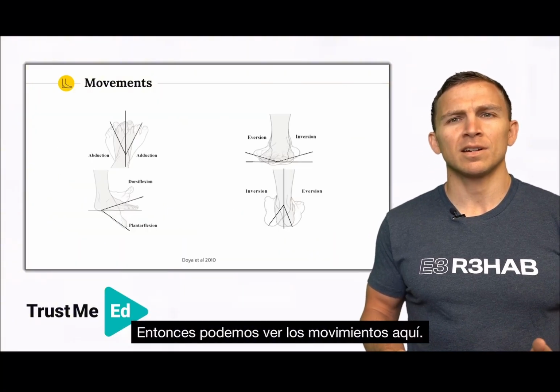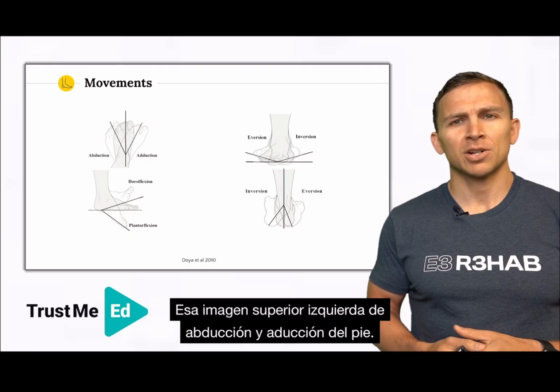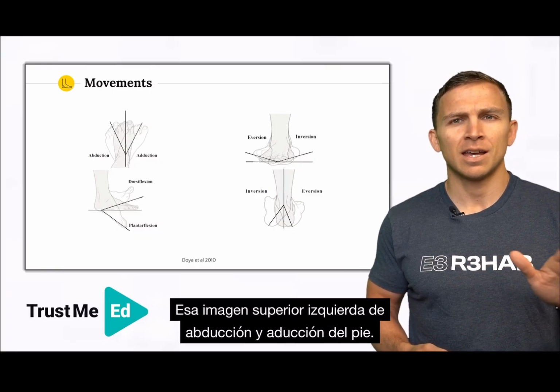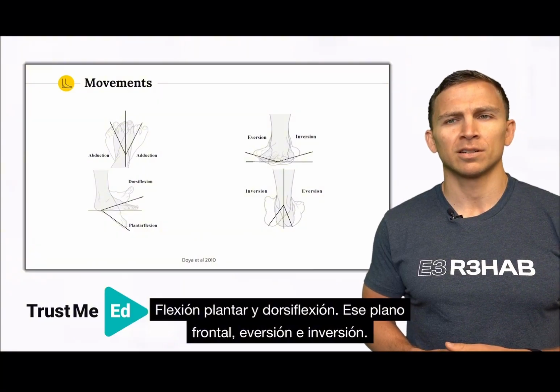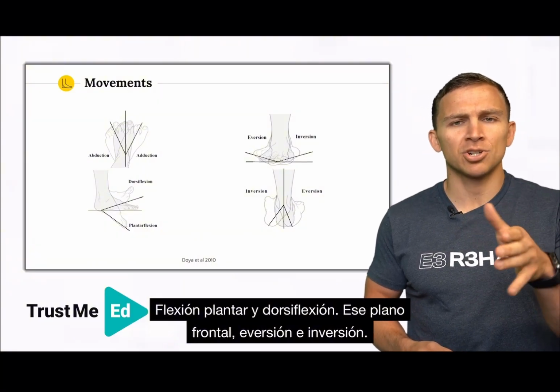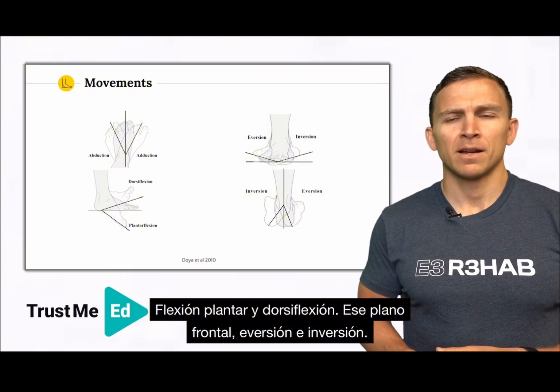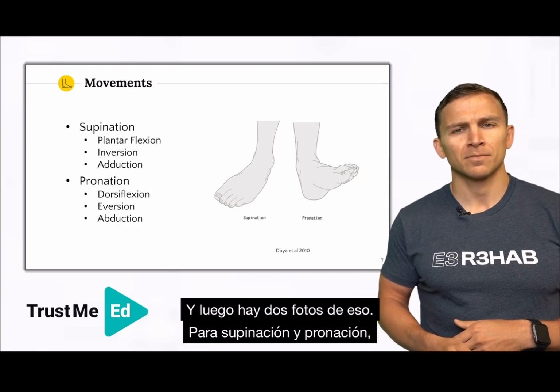So we can see the movements here, that top left picture, abduction and adduction of the foot, plantar flexion and dorsiflexion, that frontal plane eversion and inversion, and then there's 2 pictures of that.